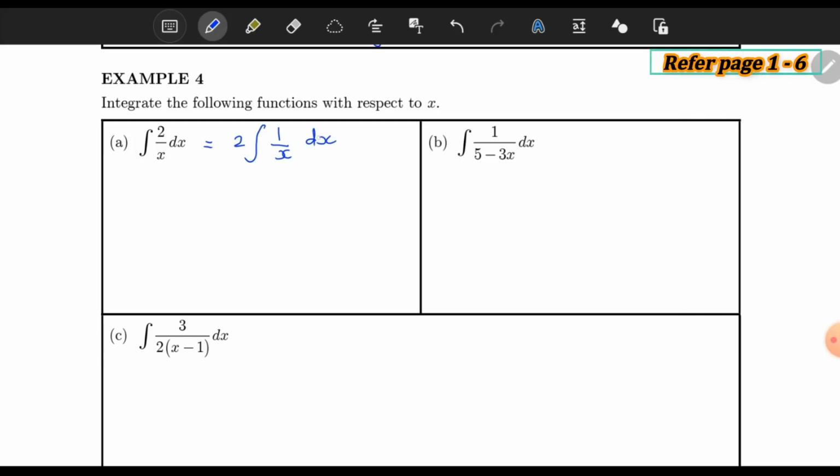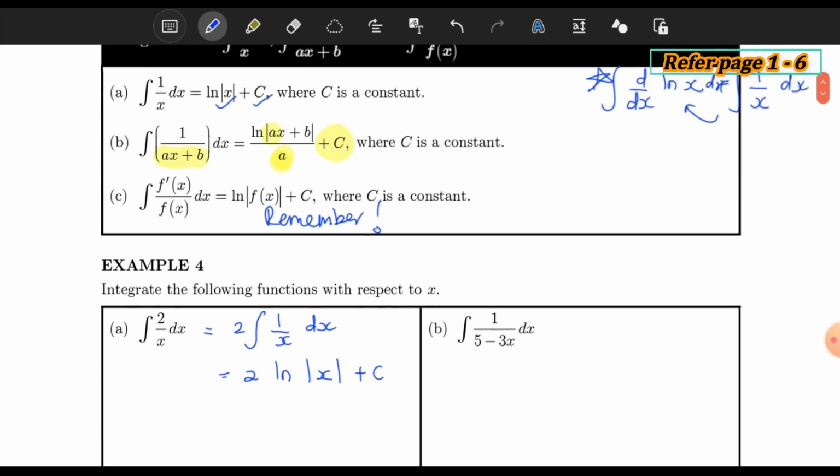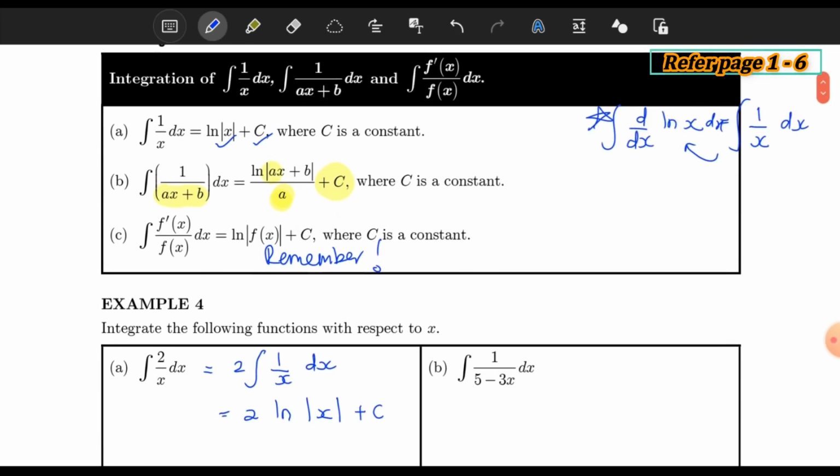Integrate 1 over x equals 2 ln x plus c. One more thing. For the ln function, you need to make sure that the denominator, 1 over something, the function must be linear. Okay, that is the rule.